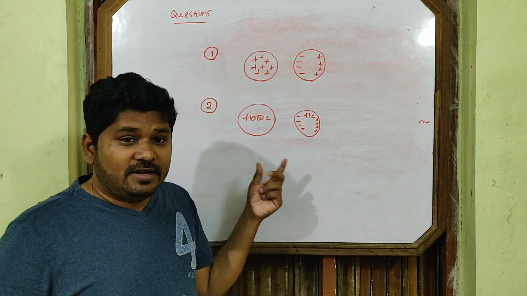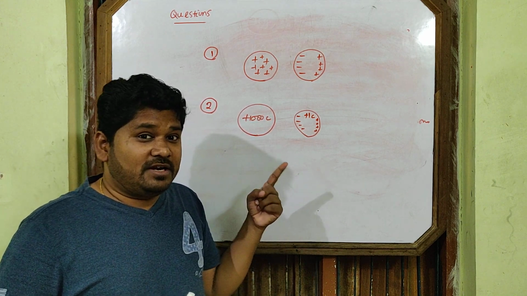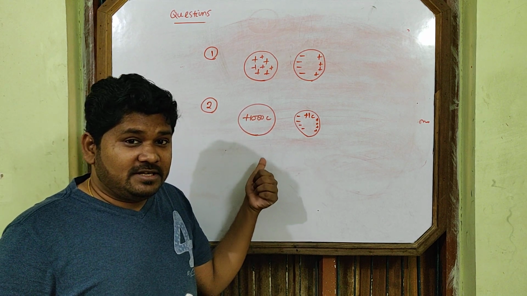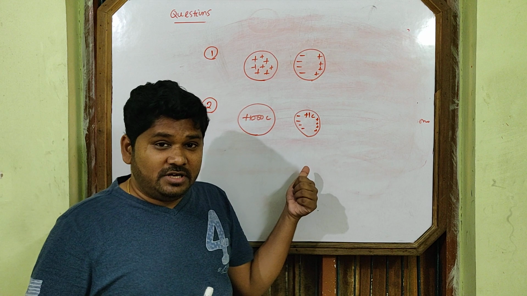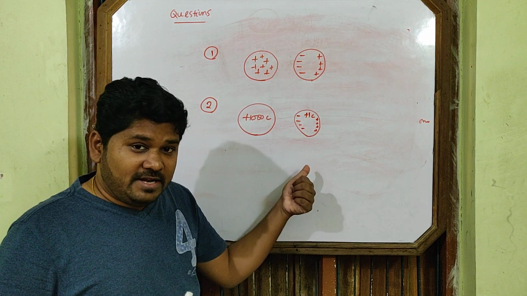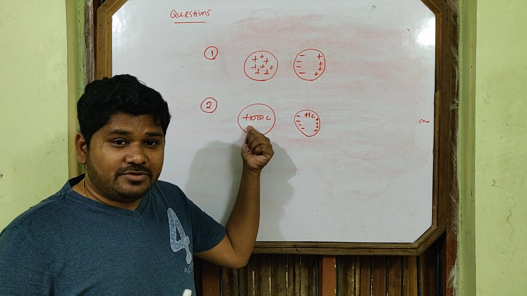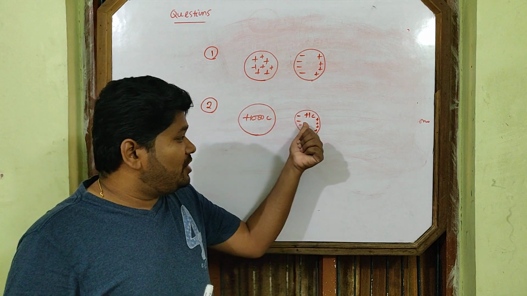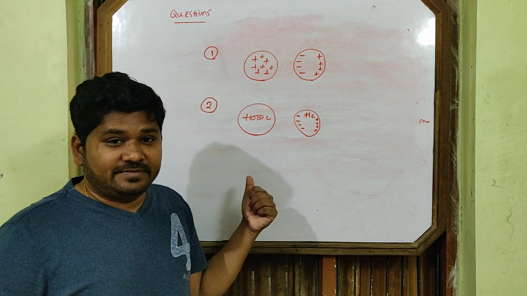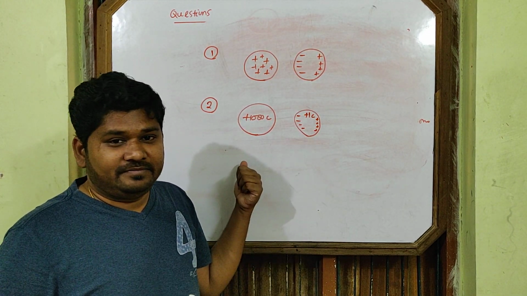So the question was, can two like charges attract each other? What answer do you write here? Yes, two like charges can attract. But what is the condition? When the charge of one body is very large in comparison to the other and they are placed very close to each other, then the charged body having the large magnitude of charge will induce opposite kind of charges in the body having less magnitude of charge, and then they both get attracted.